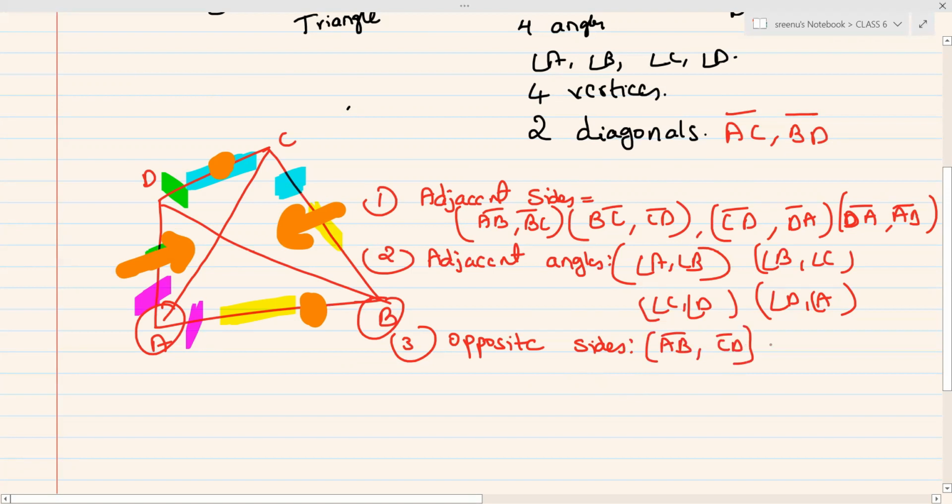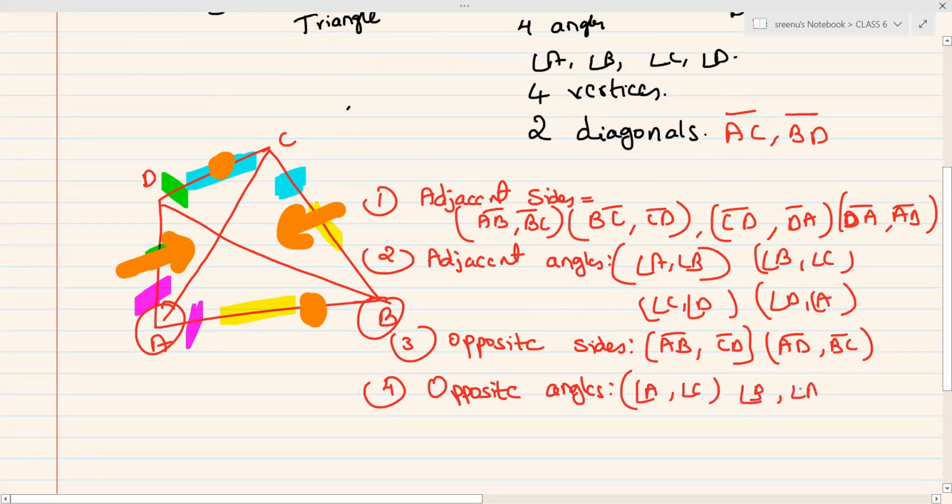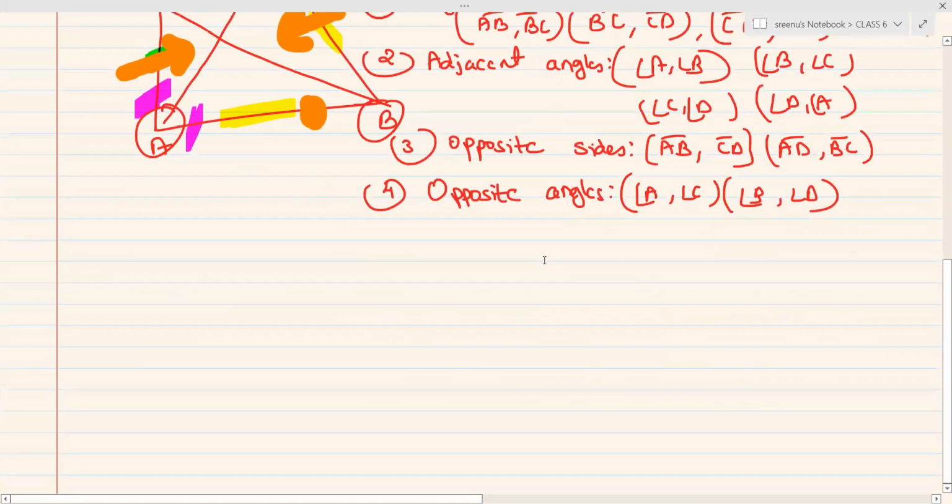Next, AD and BC are opposite sides. Then opposite angles: as usual, angle A and angle C, angle B and angle D, the ones that make the diagonals. Adjacent sides, adjacent angles, opposite sides, opposite angles.